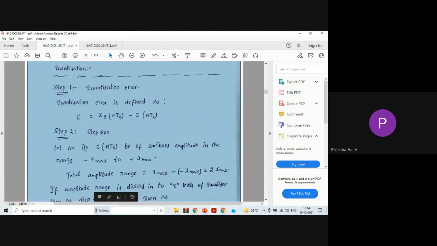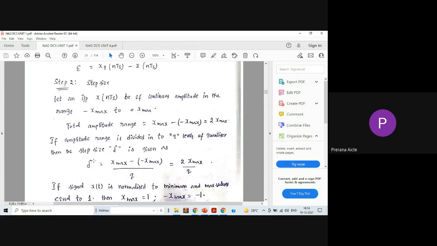Then we have to define the step size. The continuous signal varies in the amplitude range from minus x max to plus x max. Then the total amplitude range is x max minus of minus x max, which is 2 times x max. So how do you define the step size?